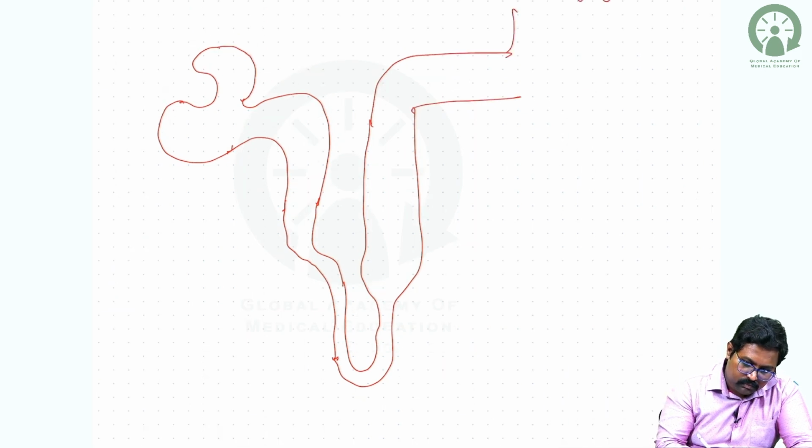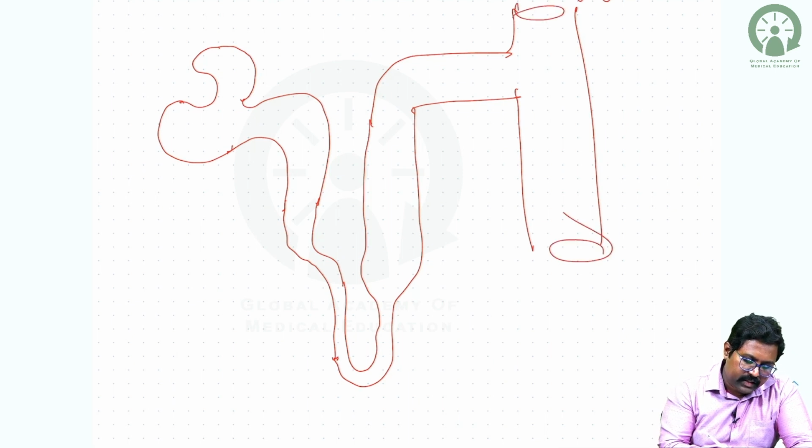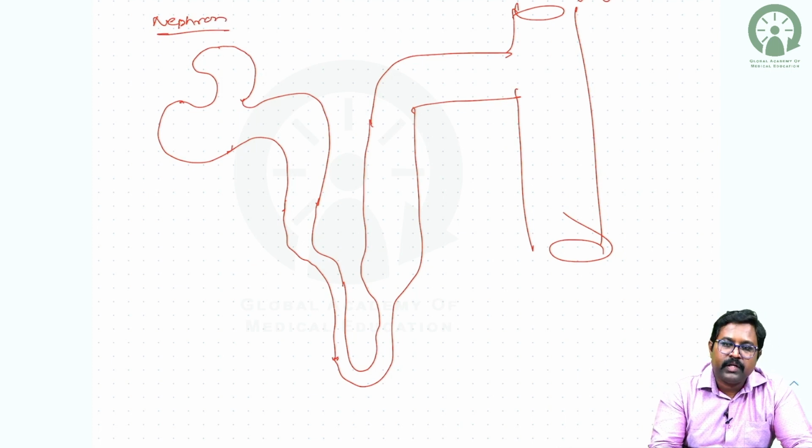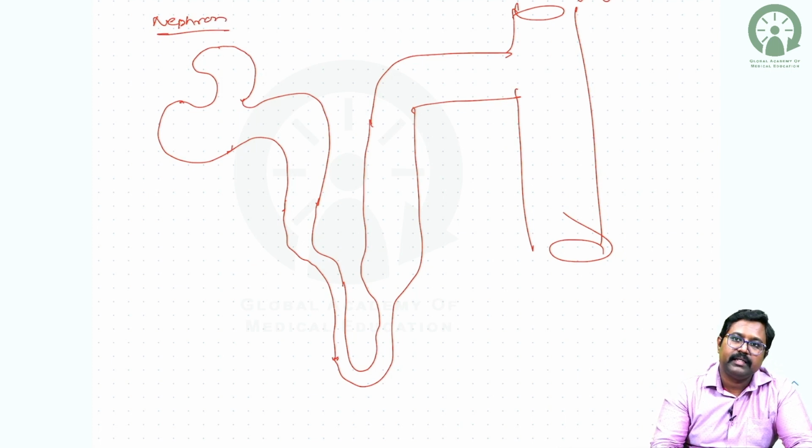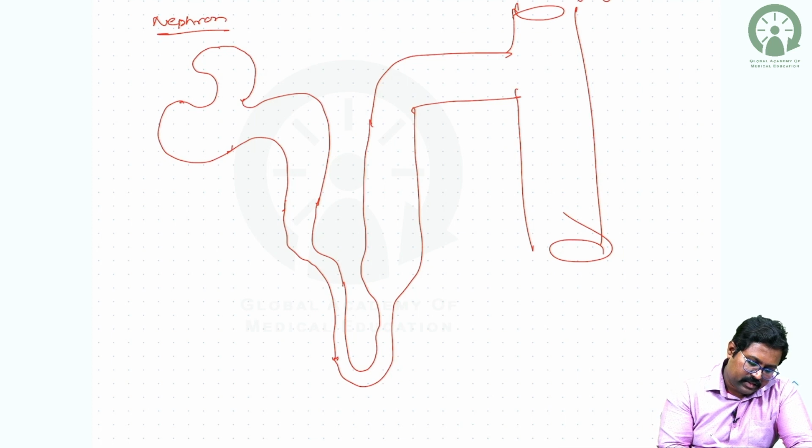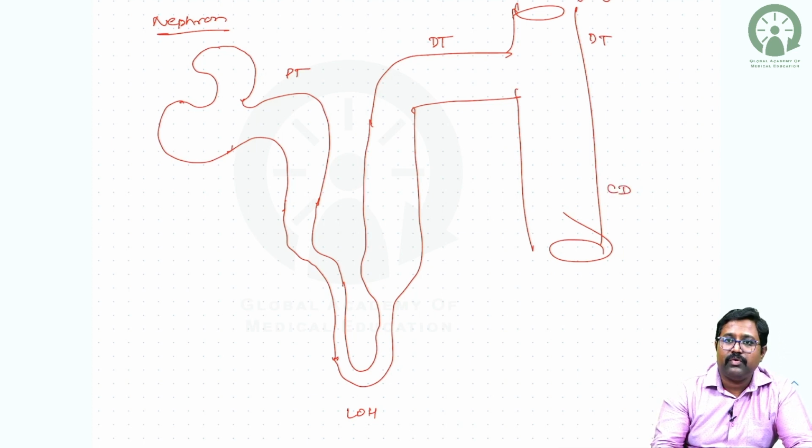As you can see here, there are some target sites. This is the proximal convoluted tubule. This is the loop of Henle. This is the early part of the distal tubule, and this is the distal tubule and the collecting duct. So there are some 4 to 5 sites where you can target the drug so that you can increase the diuretic process.